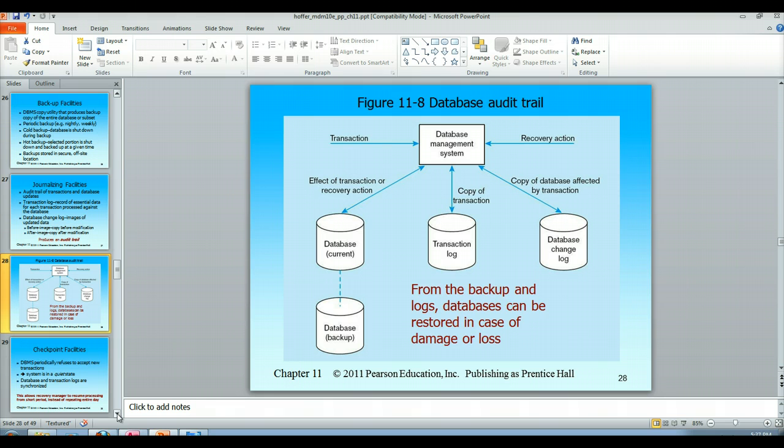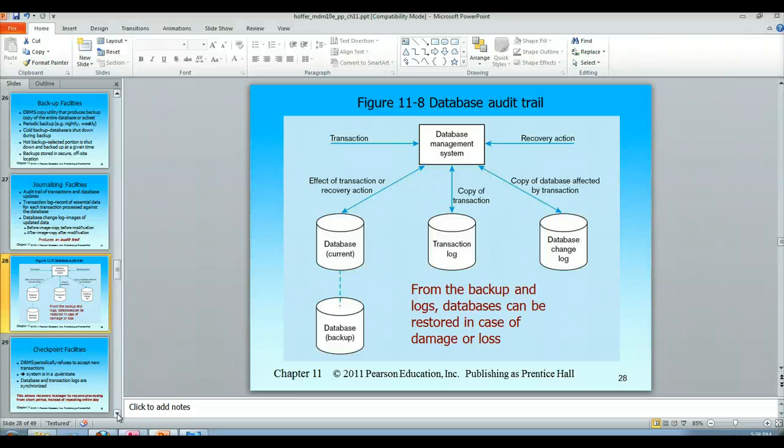So how does the audit trail work? You have a transaction that's processed against the database management system. That transaction can go to the current database, which then should go to the database backup. A copy of that transaction is held in the transaction log. A copy of the piece or part of the database affected by the transaction goes into the database change log.